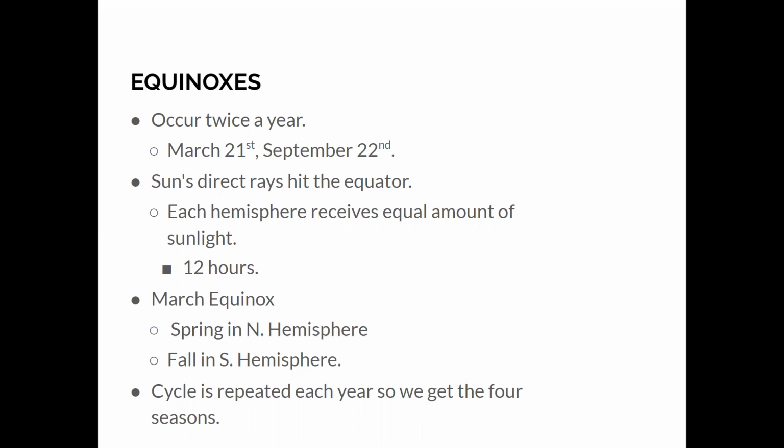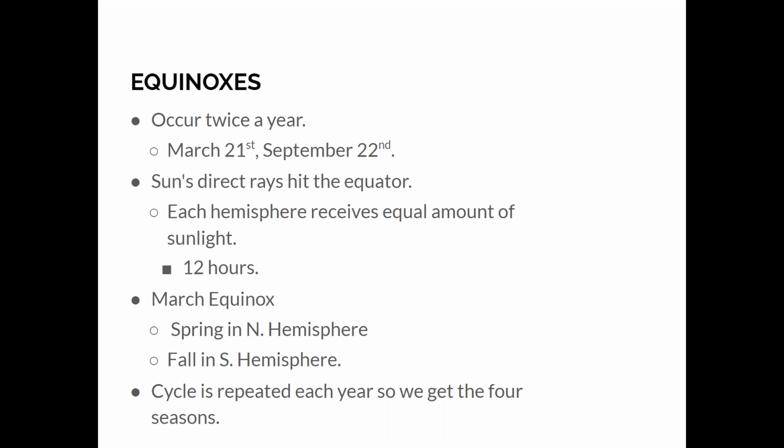Okay. So, for example, let's look at the March equinox. So during the March equinox, it's spring in the northern hemisphere and fall in the southern hemisphere.